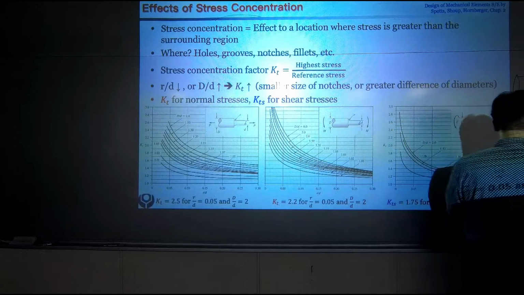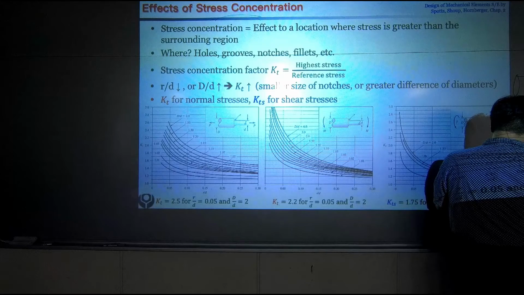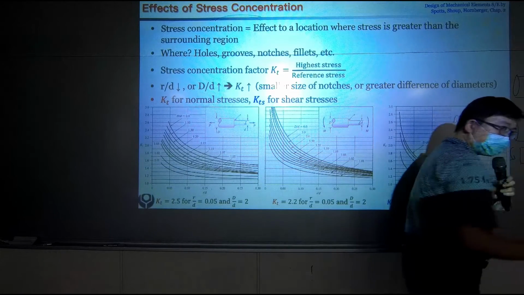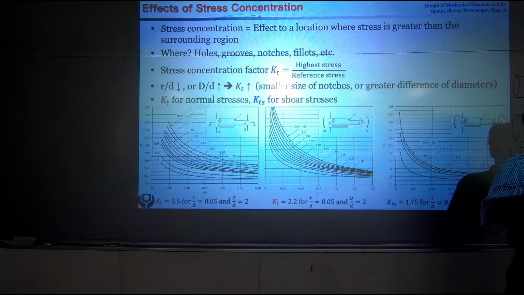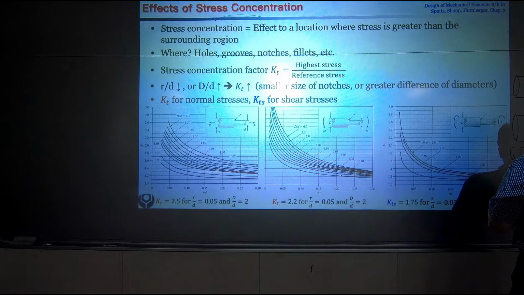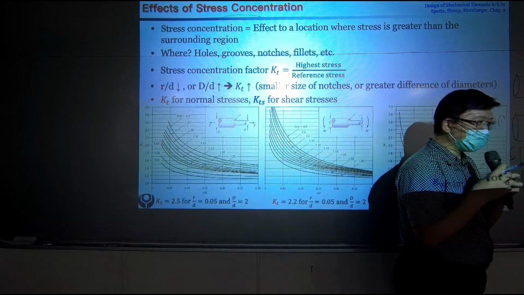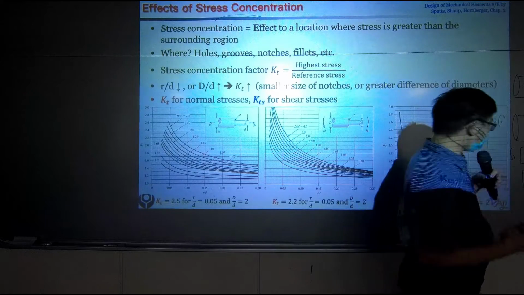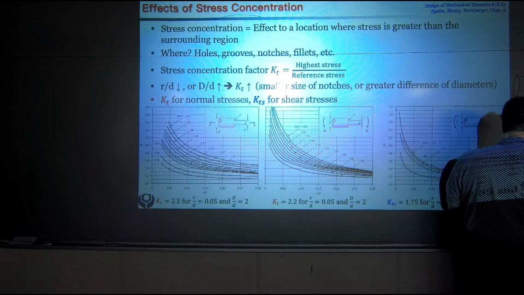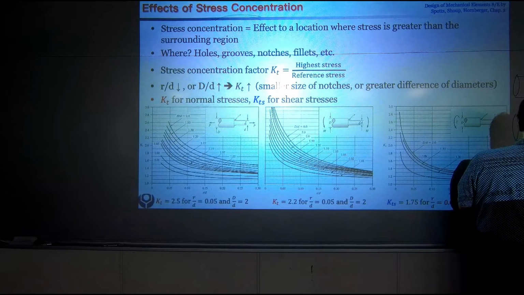So if you bend this material, it tends to break at the corner. That's why we usually do rounding at the corner, because we want to spread out the concentrated stress. At this point, the stress is concentrated so much.